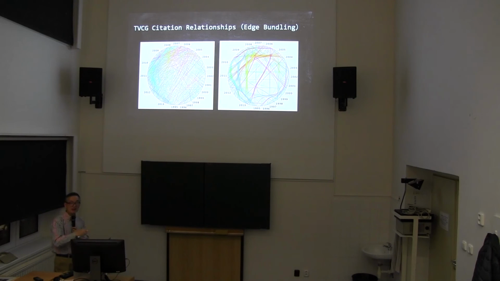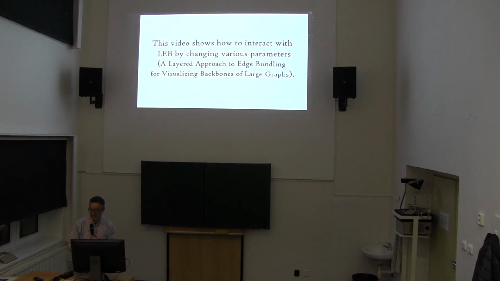From this pattern, we discover that the citation has a delay of about 6 or 7 years, which shows that in that particular area, 6 or 7 years is a typical time for the work to be recognized. So this visualization hopefully helps people discover information that you cannot otherwise discover.